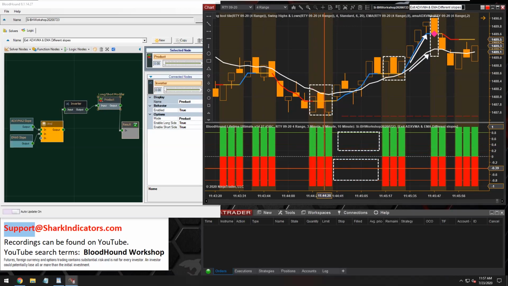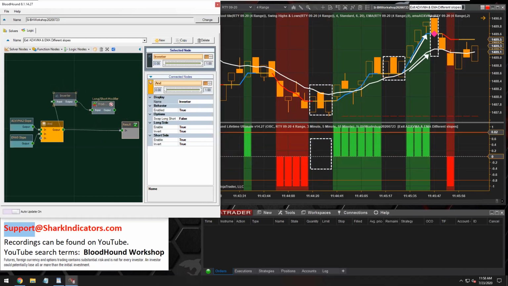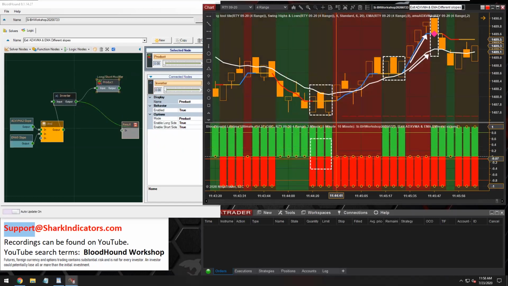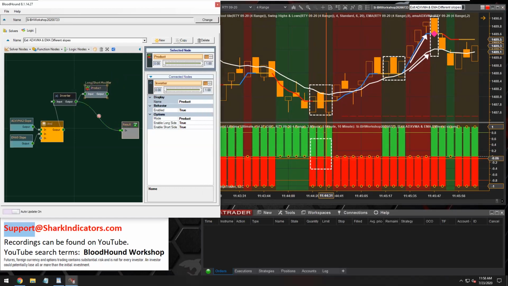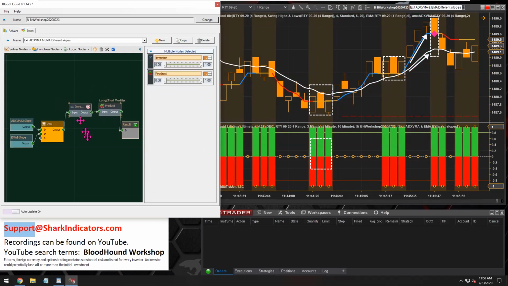So that's how we keep the long and short together. So where there is no output, the inverter creates an output, so now there is long and short right there. And then the long short modifier removes the long only and the short only. All right, so there we have it.